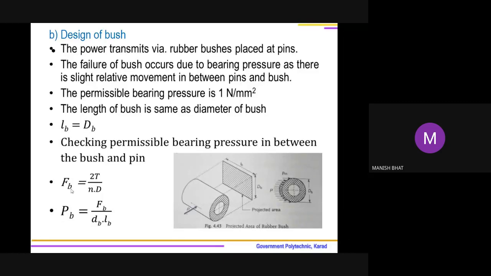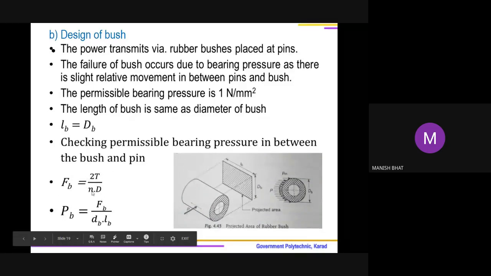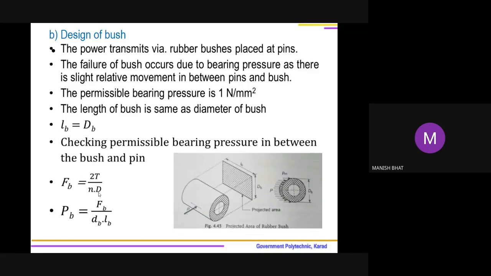So this is FB, the force acting at a bush. Already we have learned how to find it, 2T upon N multiplied by D, because bushes are located at pitch circle diameter D. N is the number of pins used here, meaning the number of bushes used.